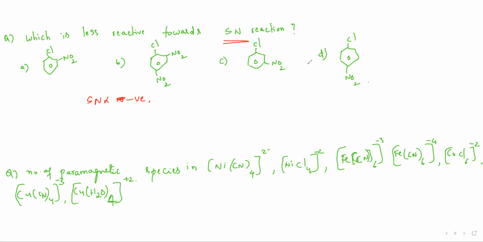Here one condition you have to understand: when NO2 is present at ortho or para positions, it has both effects, minus R, minus I or minus M. But whenever it is present at the meta position, it has only the inductive effect, that is minus I. You can see except this option, all the remaining options have NO2 groups at ortho and para, or para or ortho only.